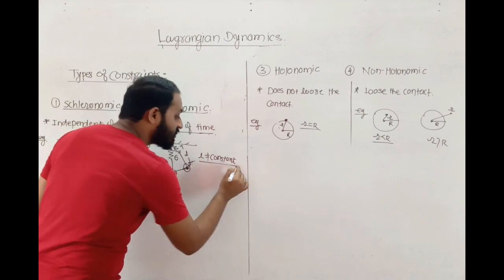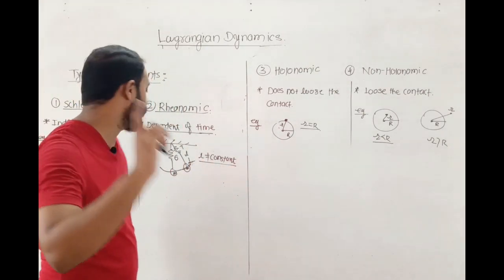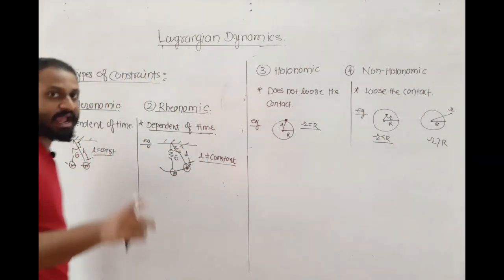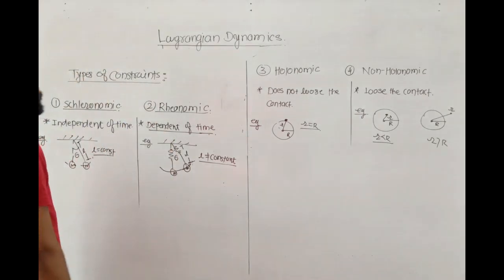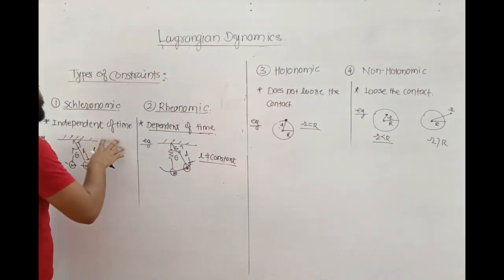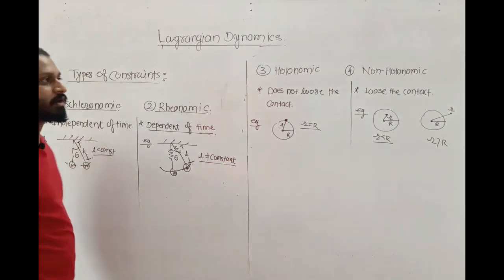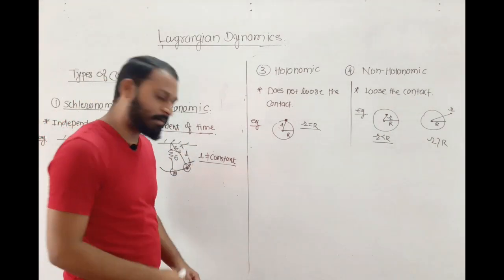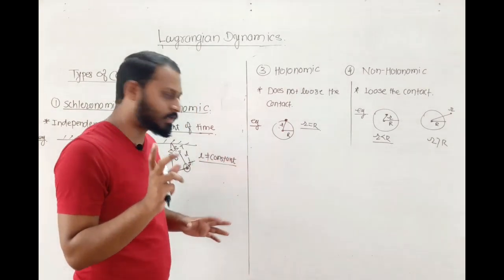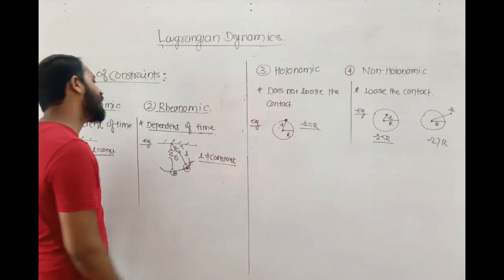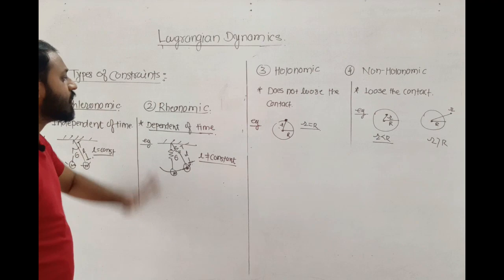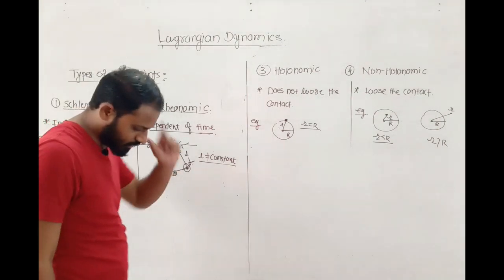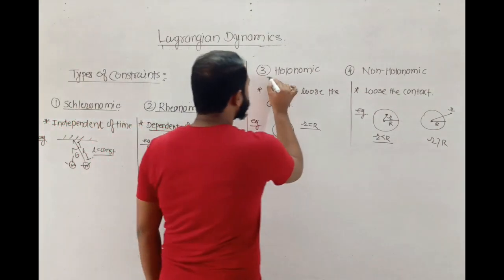Length is not constant at any instant of time. Here the length is constant. That's why this is independent of time and it comes under the scleronomic constraint. And here the length is not constant, because the expansion and compression depend on time. That's why this comes under the rheonomic constraint. Now see the third one, the holonomic.